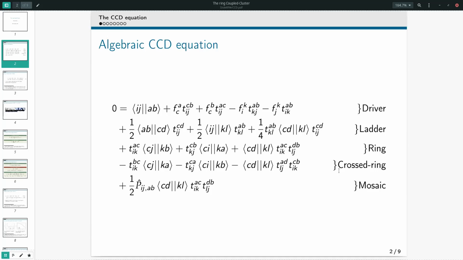Finally, there are the mosaic terms with one particle-particle or hole-hole contraction and one particle-hole contraction. So mosaic is a crossing between ladder and ring. Because we have one particle-particle contraction and one particle-hole contraction, there are only quadratic terms, because you need two contractions to create a mosaic term.